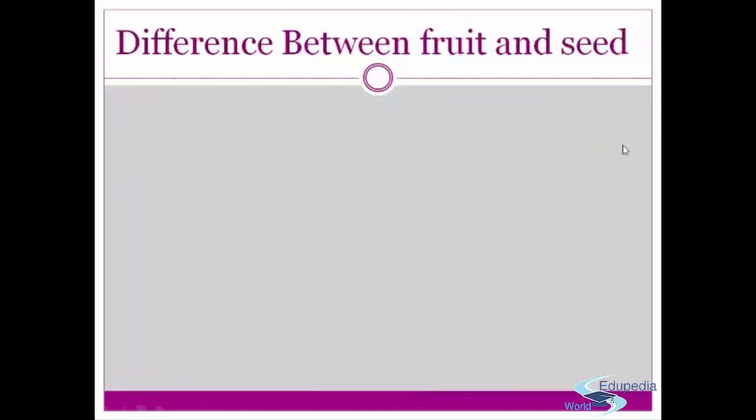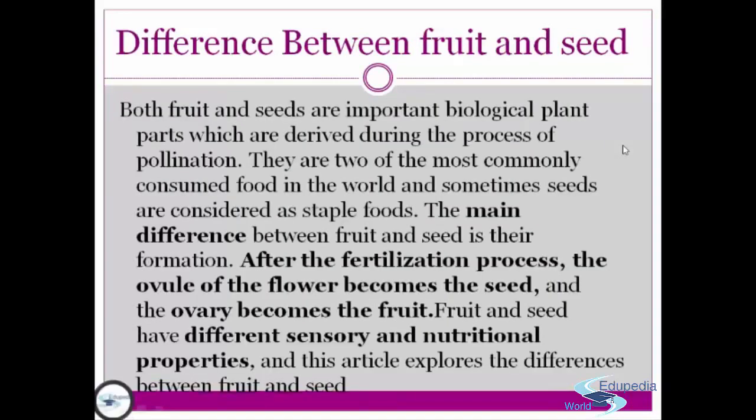So what is the difference between the two? Fruit and seed. Actually, both fruit and seeds are important biological plant parts, which are derived during the process of pollination. They are two of the most commonly consumed foods in the world, and sometimes seeds are considered as staple foods.